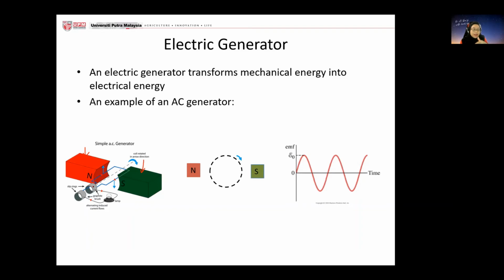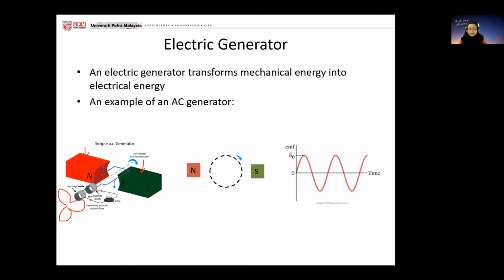So that mechanical rotating movement is actually transferred to the generator. Imagine you have something here which actually turns it. If you have your wind turbine rotating, that will rotate your coil here.